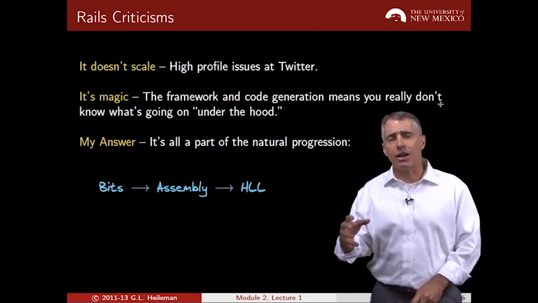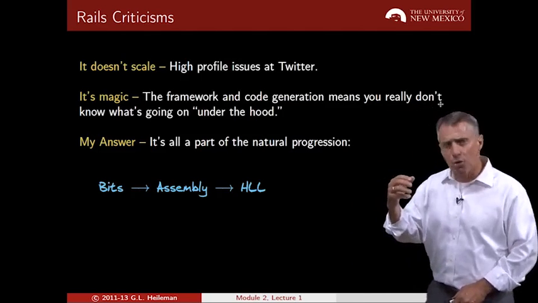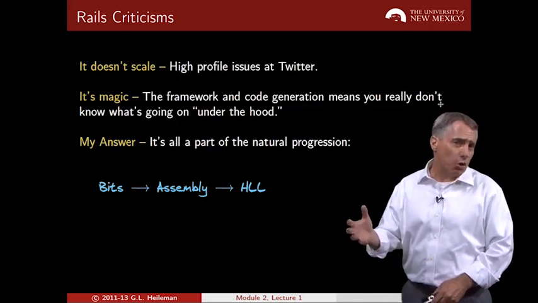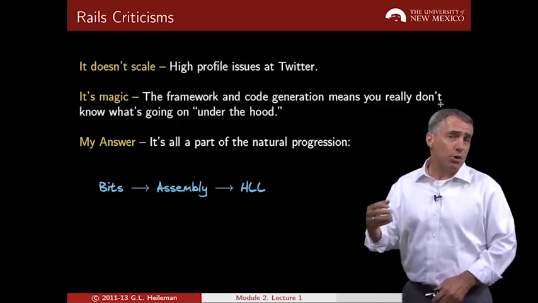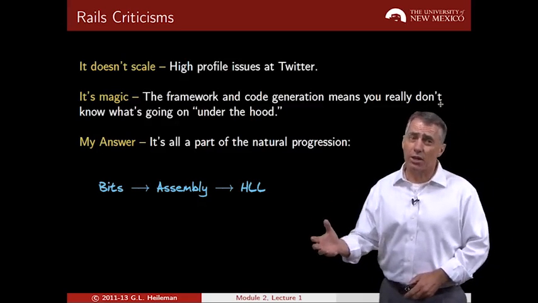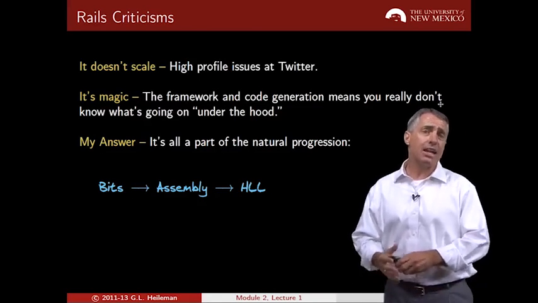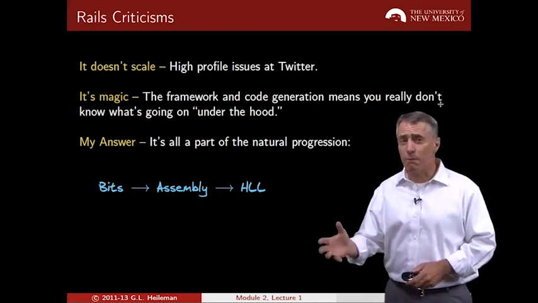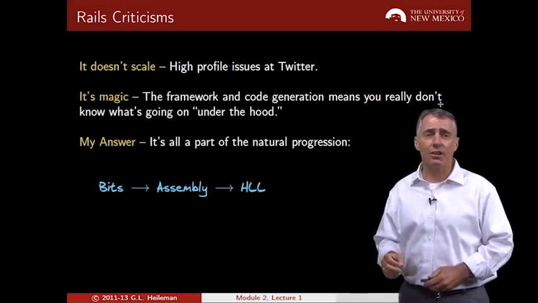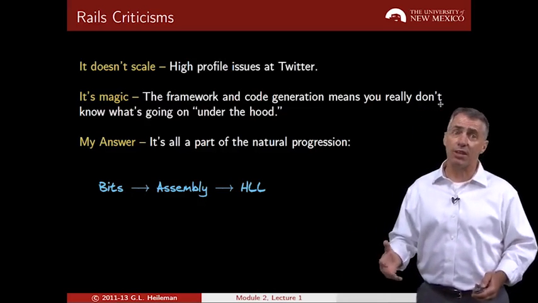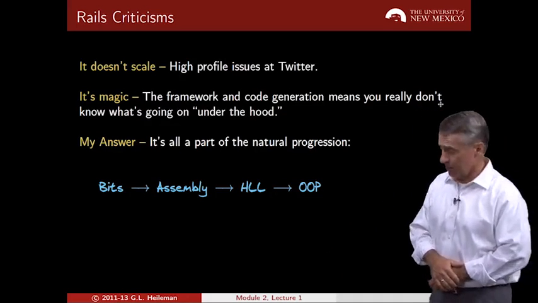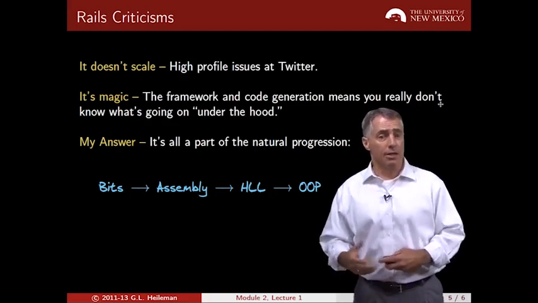And even in that time, it was very difficult. During the invention of these high-level programming languages like Fortran, folks would complain saying, well, I don't know what's going on under the hood in that case either. You're starting to lose something. You're gaining productivity, but you're losing your ability to control some of the fine details. But programmers became more productive as they had high-level programming languages made available to them.